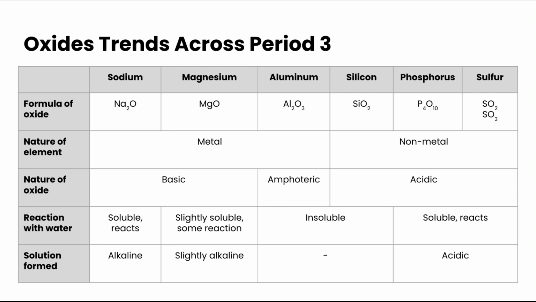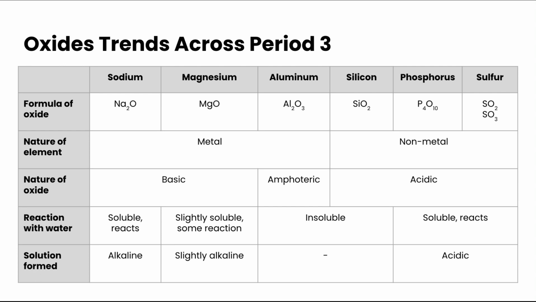What's really interesting about this oxide is it doesn't react with water, but it does display that amphoteric behavior because it will react with both acids and bases to form salts. Like I said, we'll come back to this term later, but that one is really kind of an interesting one in terms of its properties.